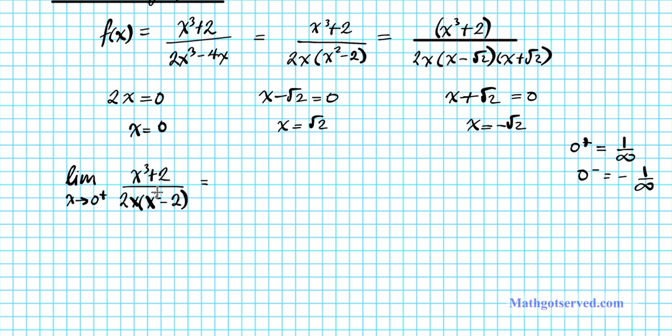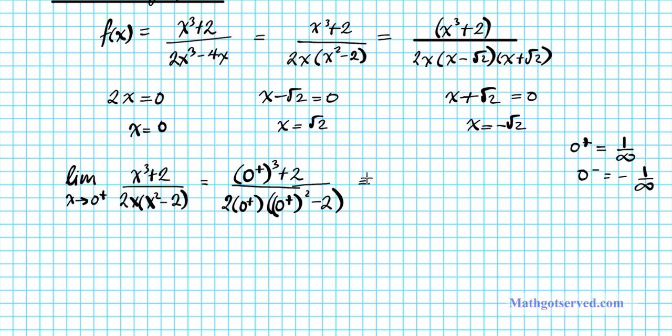All right, so let's go ahead and plug this value in here. So we're going to have a very small positive number raised to the third power plus 2, divided by 2 times a very small positive number times a very small positive number squared minus 2. Okay, let's simplify this.